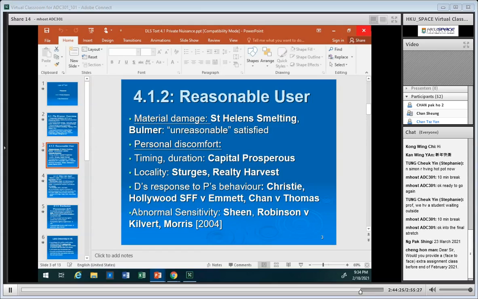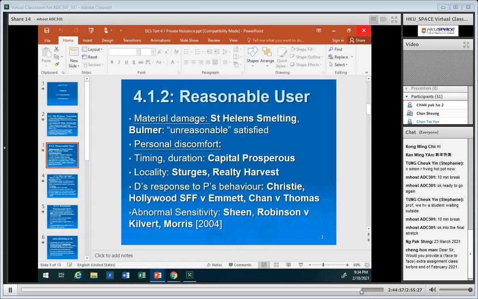Are you in a residential area or is it a commercial area, whatever? So locality is important. The so-called locality principle comes from an English case called Sturges and Bridgman on page 99, in which Thesiger, Lord Justice, does come up with that quote, similar to what I've just said. Whether anything is a nuisance or not is a question to be determined not merely by an abstract consideration of the thing itself, but in reference to the circumstances.